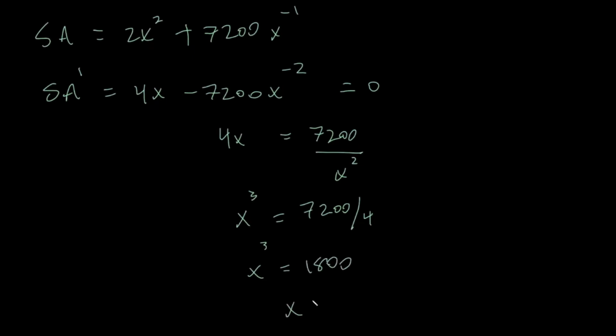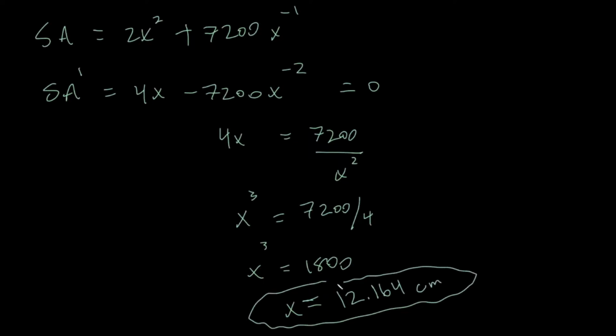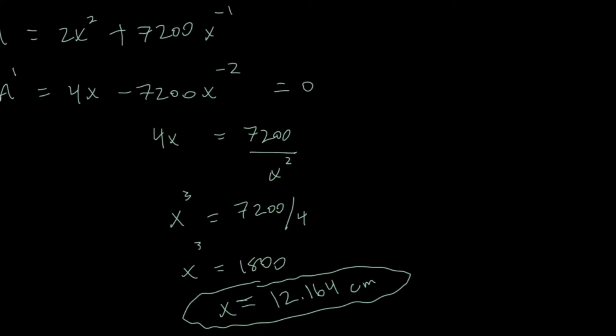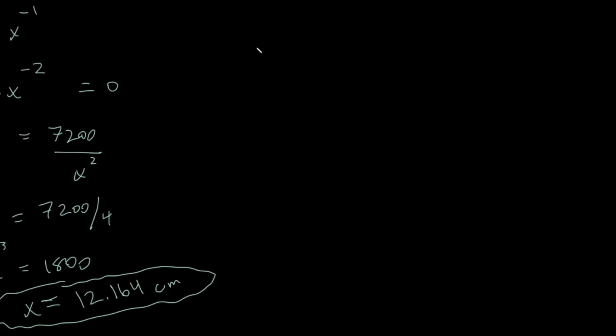Or x, so what is 1800 to the 1/3 power? We get 12.164 centimeters. So if x is 12.164 centimeters, we need to find h.